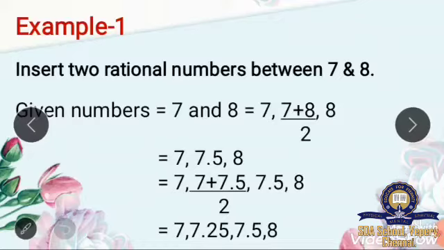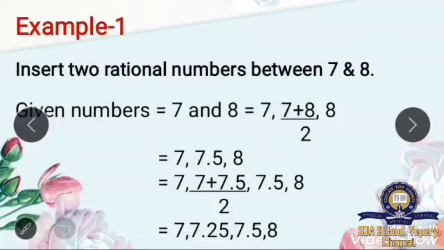So we get 7, (7 plus 8) divided by 2, 8. We already know that 8 plus 7 is 15. So 15 divided by 2 is 7.5. So now we get three numbers, which means 7, 7.5, 8.